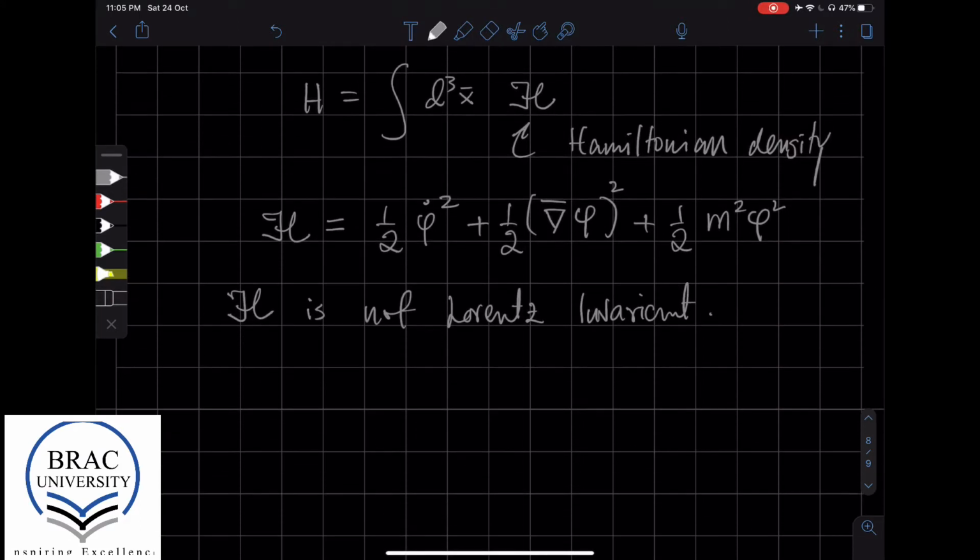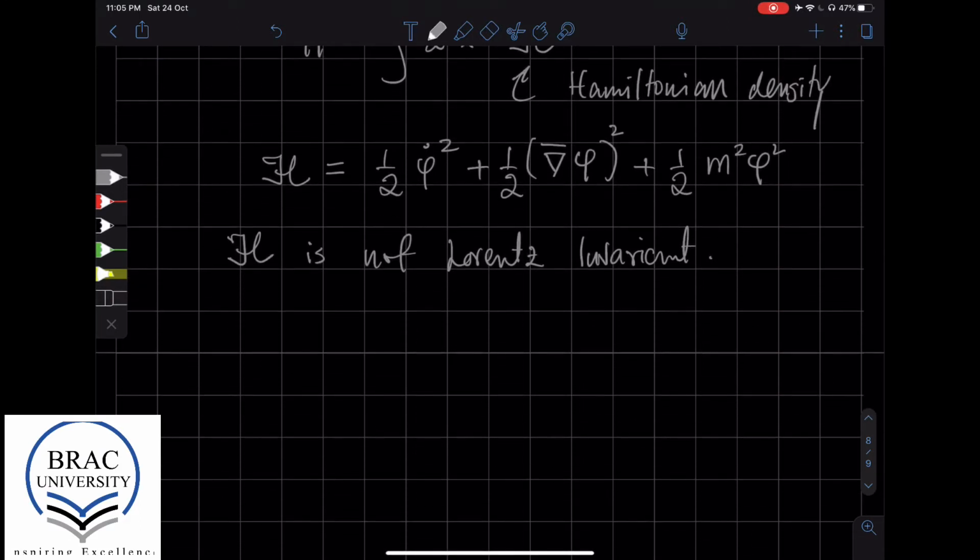Therefore, writing down a Hamiltonian or a Hamiltonian density presupposes that we have chosen a preferred time slice for our Minkowski space, and that's why the Hamiltonian density is not Lorentz invariant, whereas the Lagrangian density is Lorentz invariant because you don't have to choose a particular time slice to write down the Lagrangian density.